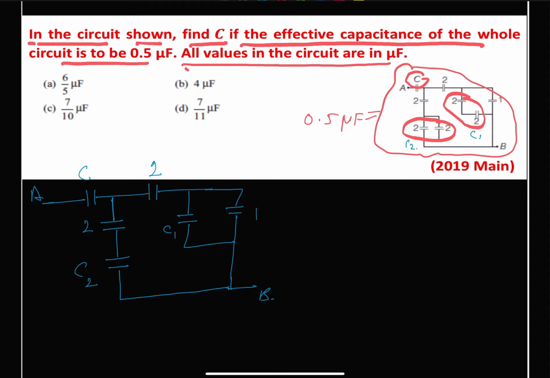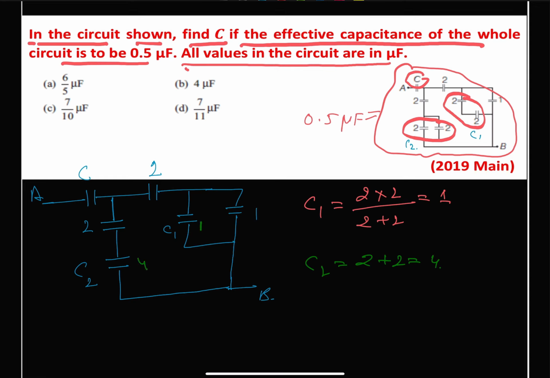Because both of them are in series, C1 will be 2 into 2 divided by 2 plus 2, so this comes as 1. Similarly, we can find out C2. C2 is the parallel combination of both, so 2 plus 2 is equal to 4. So we have this as 4 and this as 1.